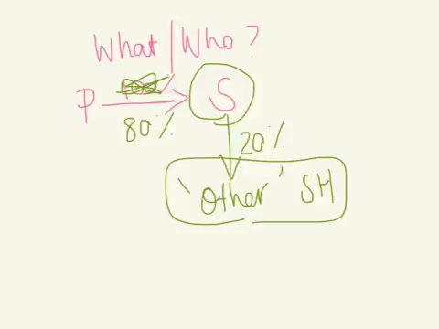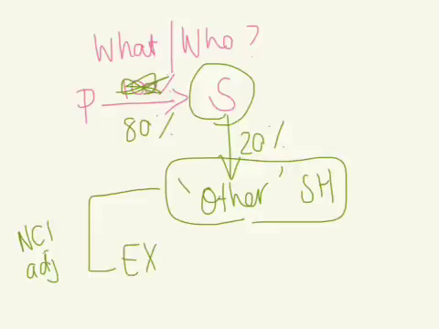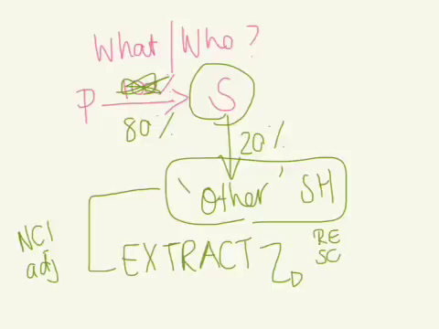So the aim of the NCI adjustments is to extract the NCI share of the subsidiary's equity, and we extract it from the retained earnings or share capital or whatever capital equity account, and we disclose it separately as non-controlling interest.